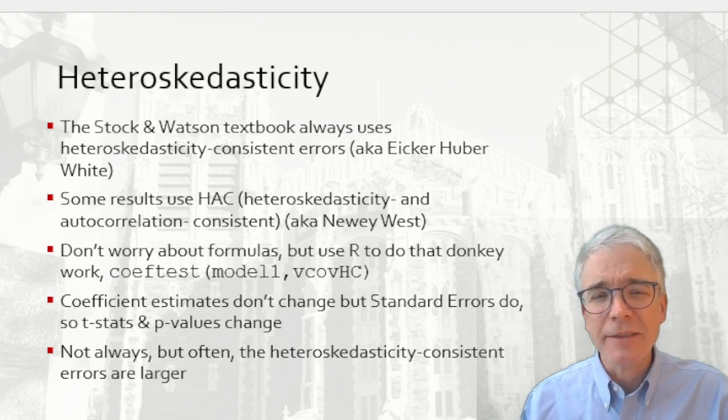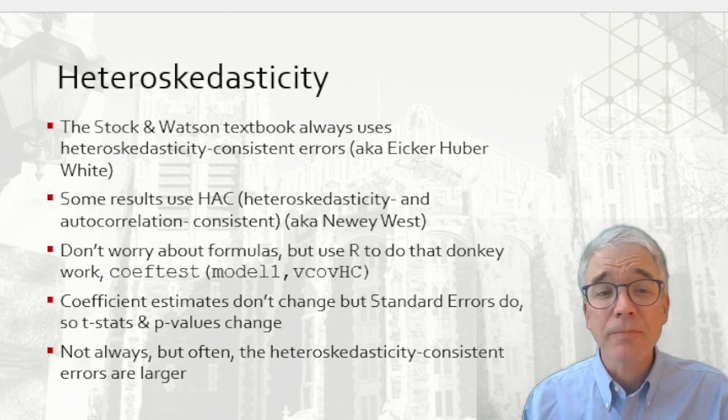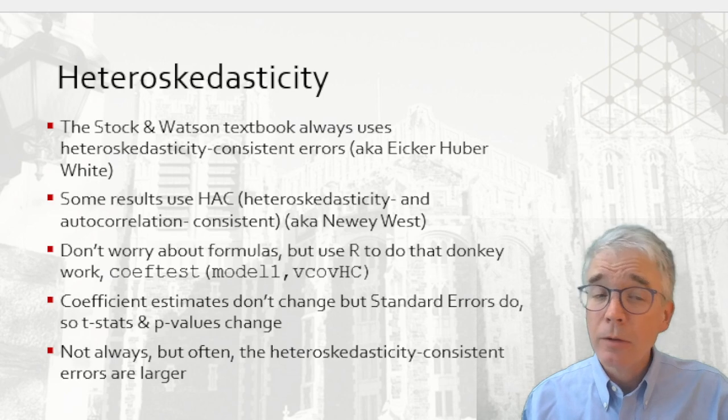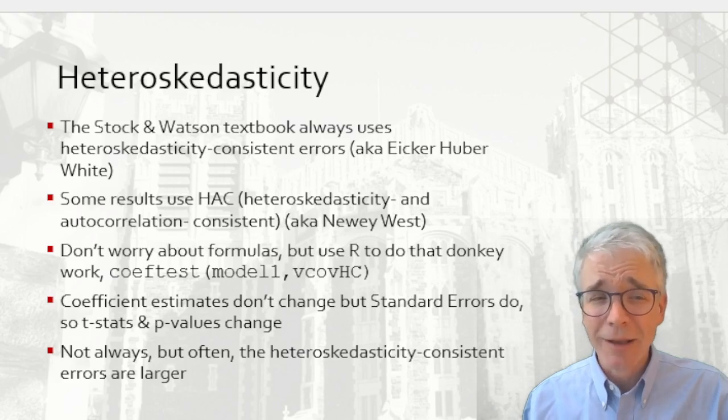The formulas are ugly and require some notation from linear algebra, but you should have R do the difficult work and use the coeftest to use the heteroscedasticity consistent standard errors. That does not change the coefficient estimates themselves, only changes their standard errors. Although in turn that does change the t-stats and therefore the p-values that are calculated from that.